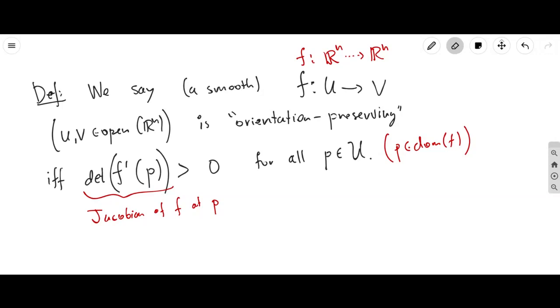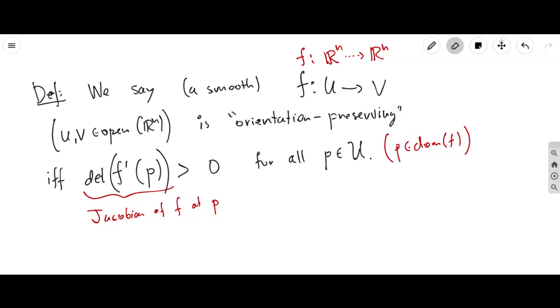It just varies from people to people. We usually understand from context what we're talking about. So if I were to say the Jacobian is positive, then obviously I'm talking about its determinant and not the matrix. It would not make sense to say a matrix is positive, as that is not a number. Though there are some people who do say a matrix is positive if it happens to be positive definite.